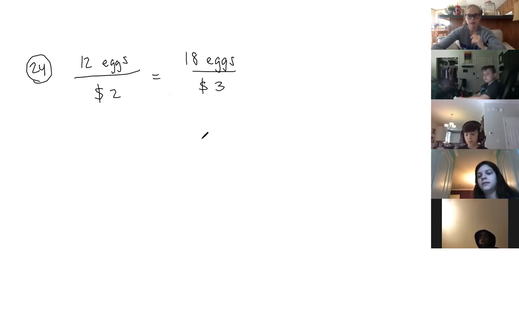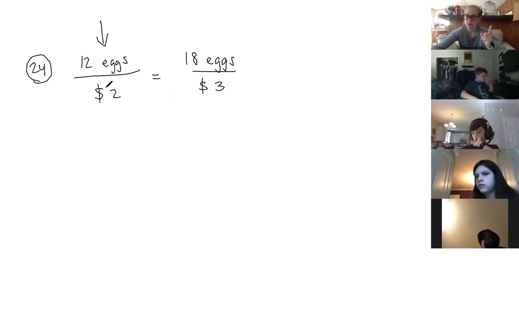All right. So let's get our definitions and our terminology correct. What is this right here? 12 eggs over $2. It's a ratio because it's comparing eggs to money, right? 12 eggs, $2. What else is this called, Blake?